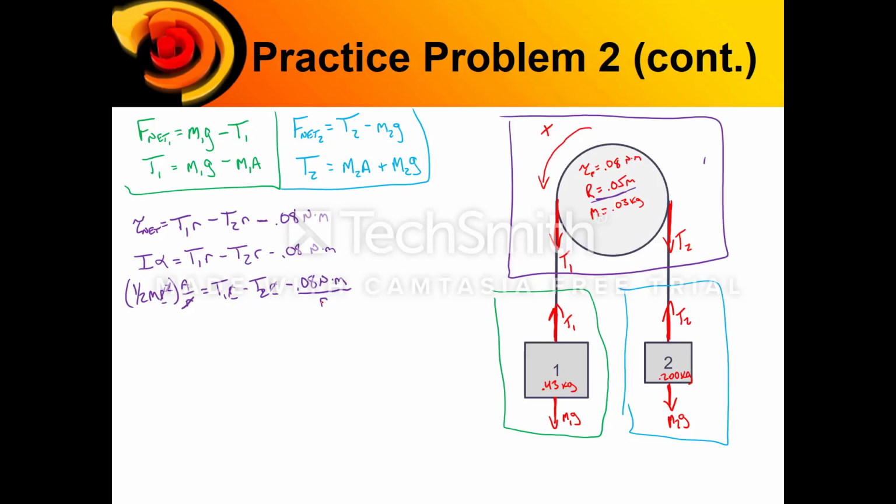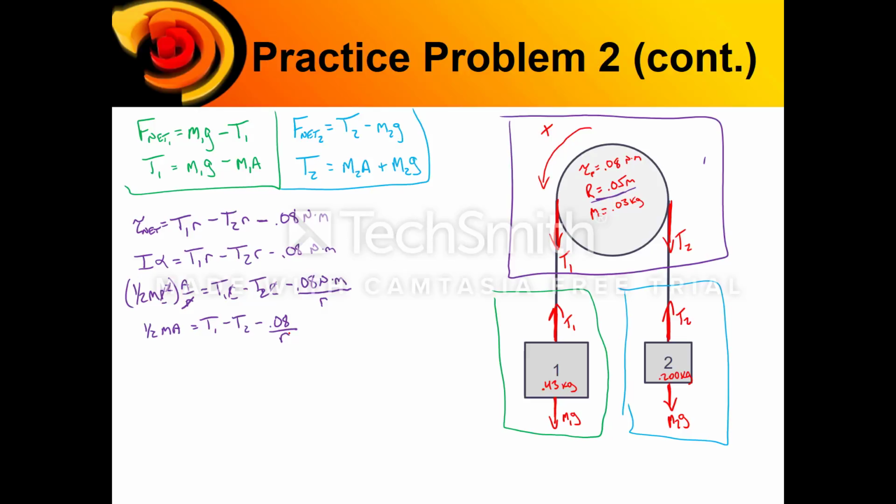So if I simplify that and get rid of all my marks there, that's going to leave me with 1/2 times my mass times the acceleration is equal to tension 1 minus tension 2 minus 0.08 divided by r.